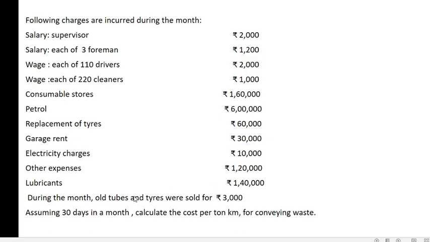During the month, old tubes and tires were sold for rupees 3,000.